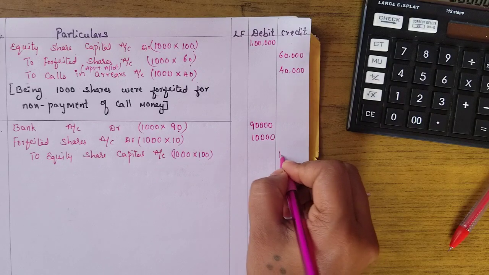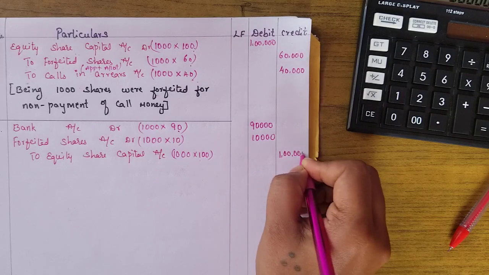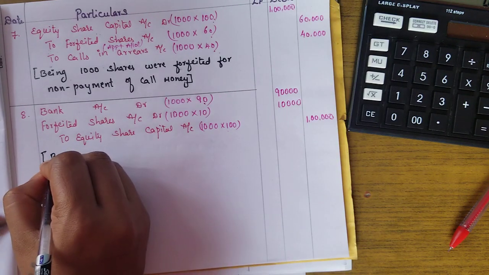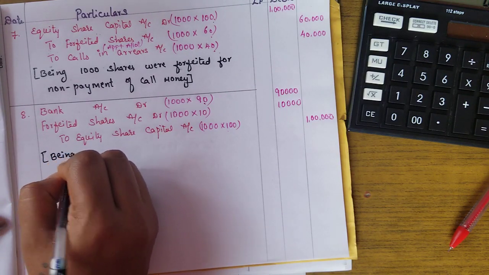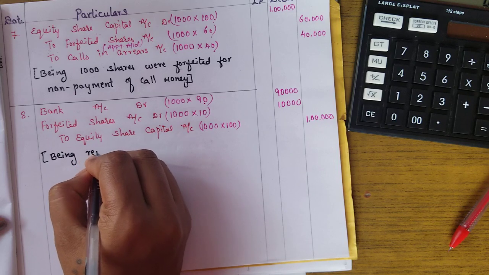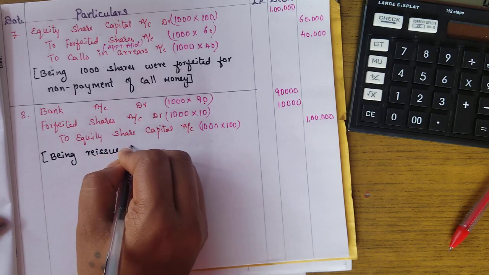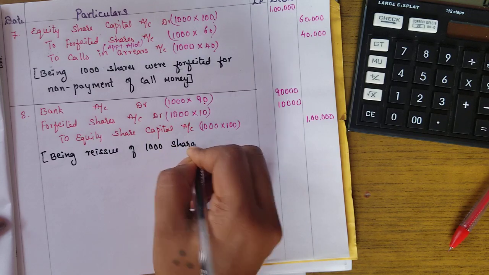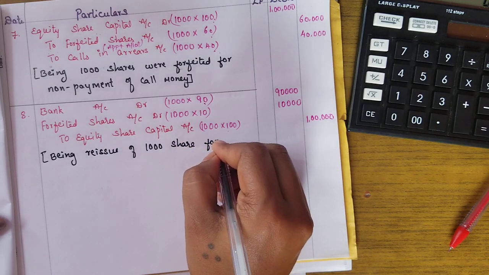So total it will be 1 lakh. Okay, narration for this: being reissue of 1000 shares forfeited.